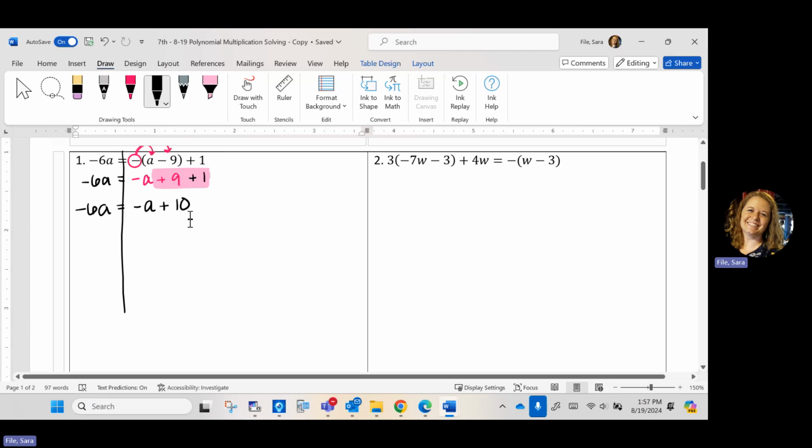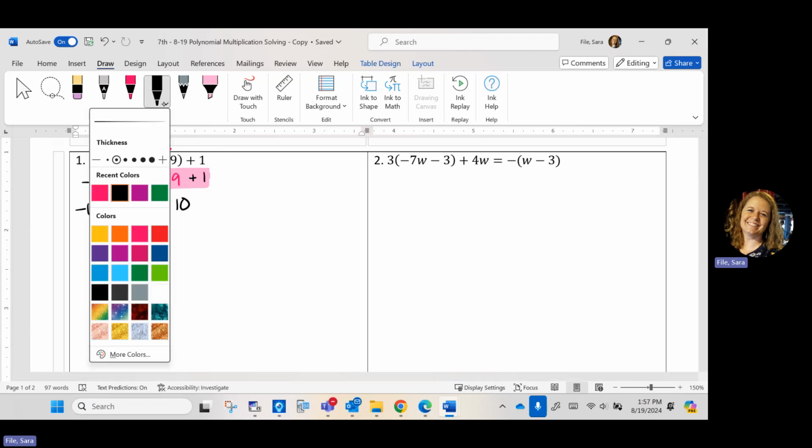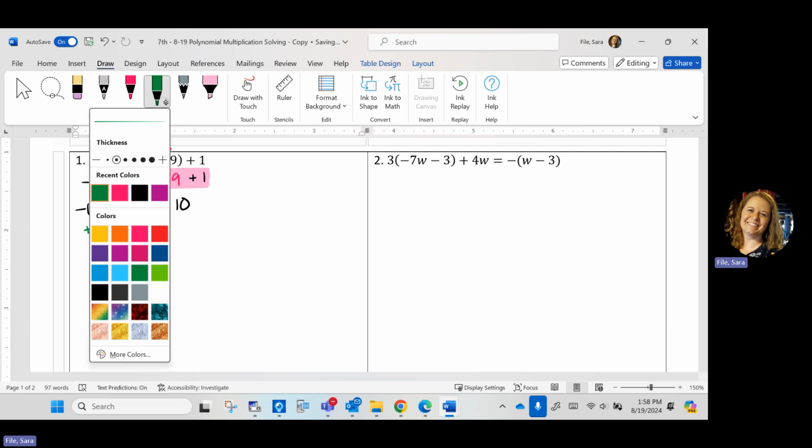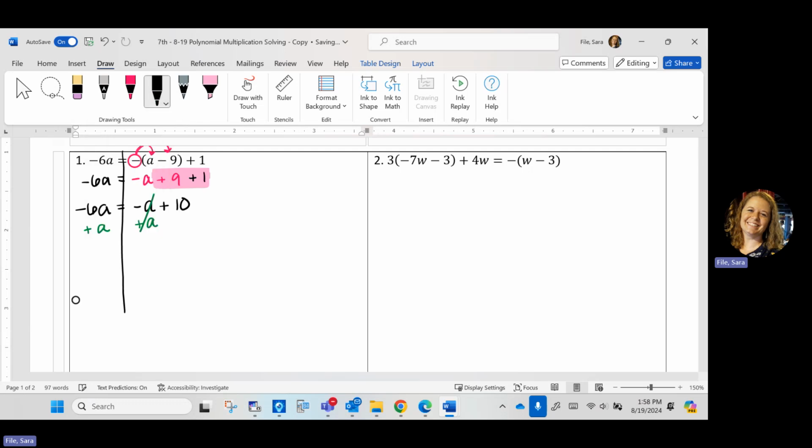So I'm going to leave the constant on the right, and I'm going to move my variables to the left. So to move this negative a, I'm going to have to add it, because to move terms across that equal sign, we do the opposite operation, and what you do to one side, you do to the other. So it eliminates it from the right, leaving me with just the 10 over here on the right.